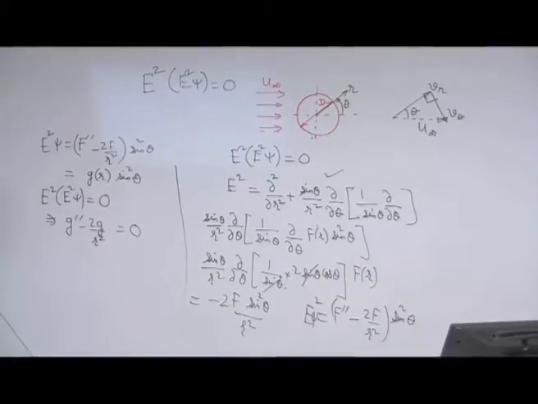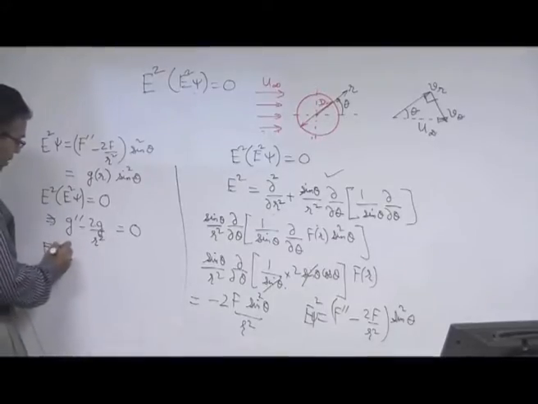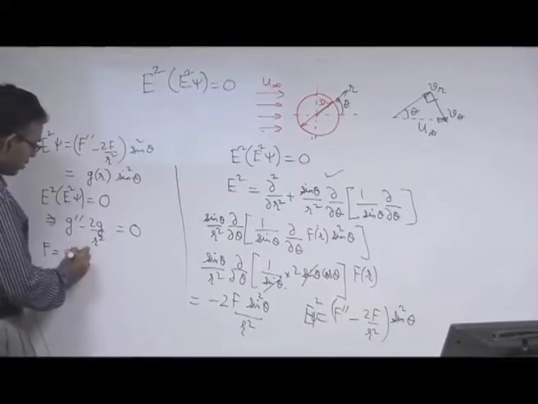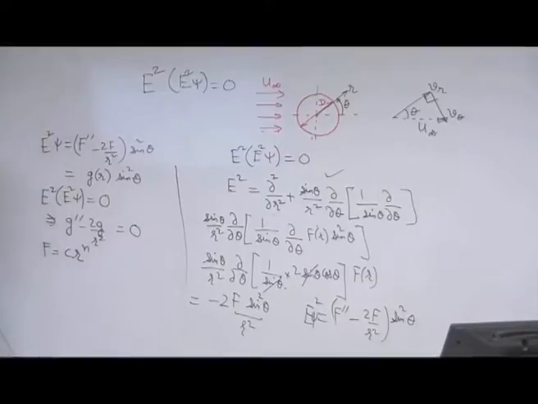Now, one way of getting a solution of this equation is assuming that f is equal to some c r to the power n. This is a trial solution.